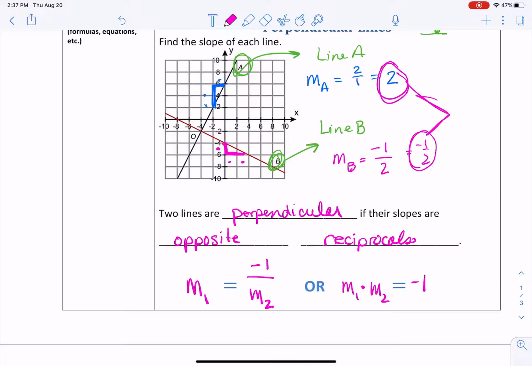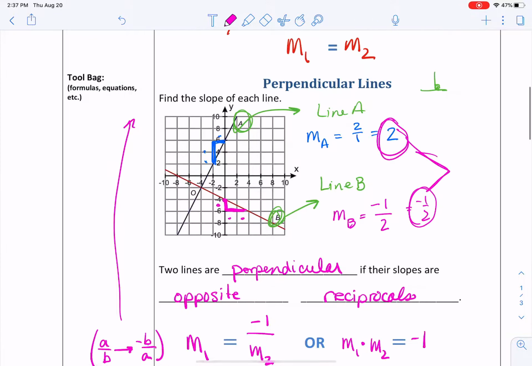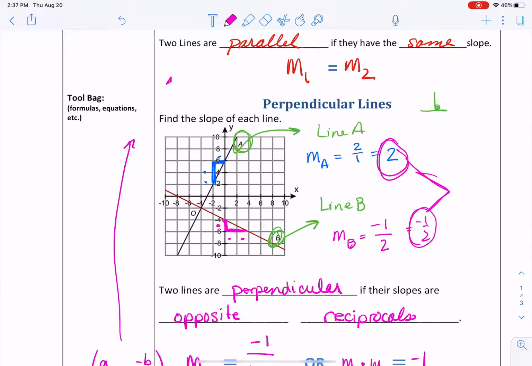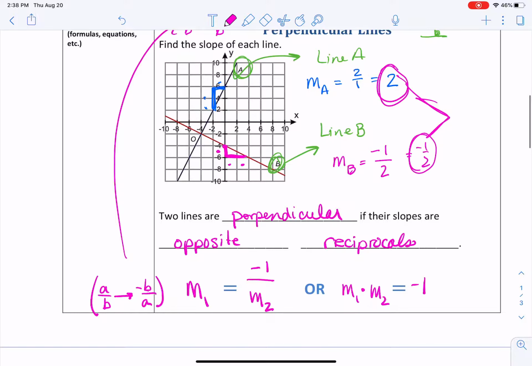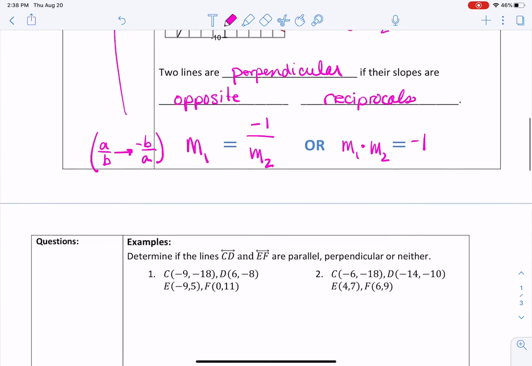Another way to think about this is that if I start out with A over B, then I end up with negative B over A. And if we use that same analogy for parallel, then I have A over B and A over B when they're parallel. So parallel slopes are the same, perpendicular slopes are opposite reciprocals.